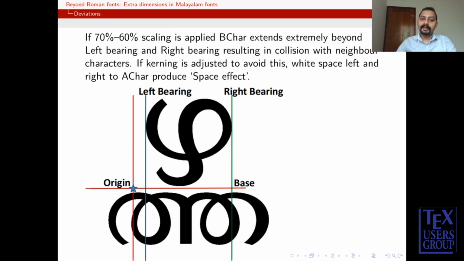This basically causes a space effect where the adjacent characters appear as if they are at much more distance from this glyph.